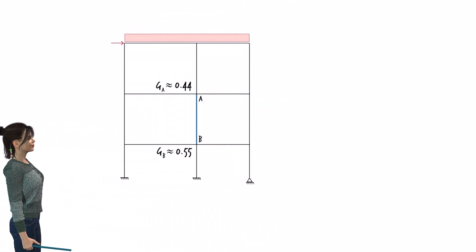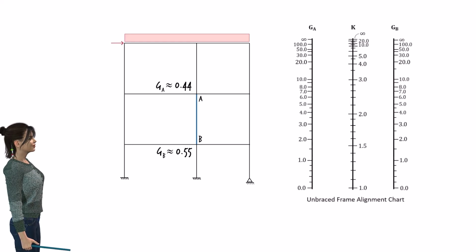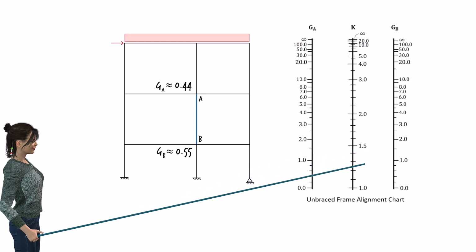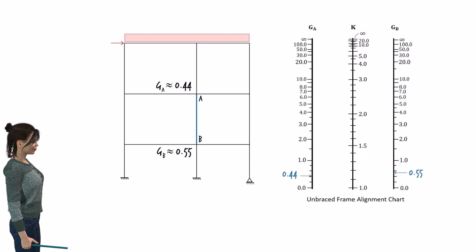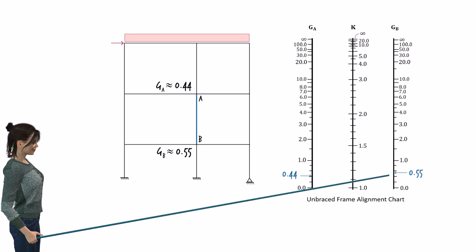Using the alignment charts, we wish to determine the effective length factor for column AB. Since side sway is not prohibited in this frame, we need to use the alignment chart for unbraced frames. First, we locate GA and GB on these two vertical axes. For GA, we have 0.44, which is located here, and 0.55 on the GB axis is located here.